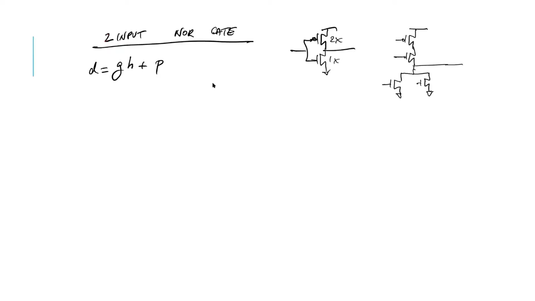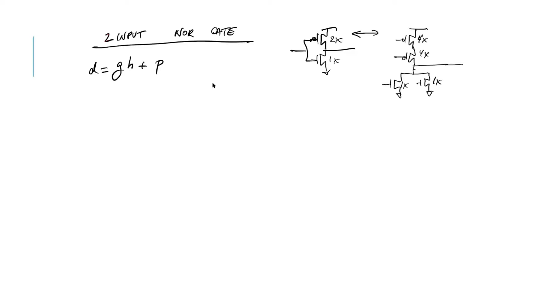Because the NMOSFETs are in parallel, we can keep them at 1x size. That'll give them the same resistance as a minimum size inverter. But because the PMOS gates are in series, we have to make them twice as wide to have the same drive. So these each need to be 4x size. That's the sizing we start with.